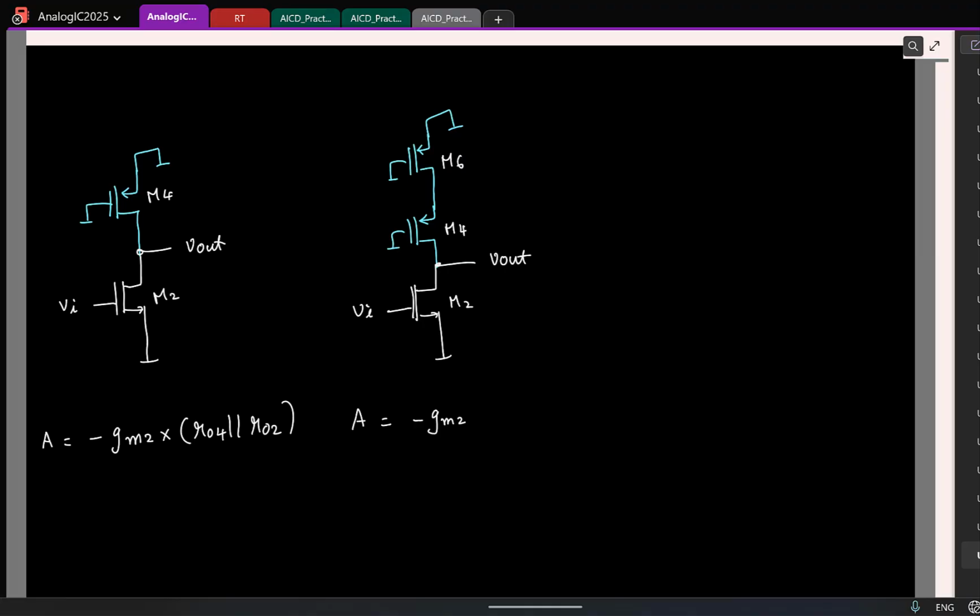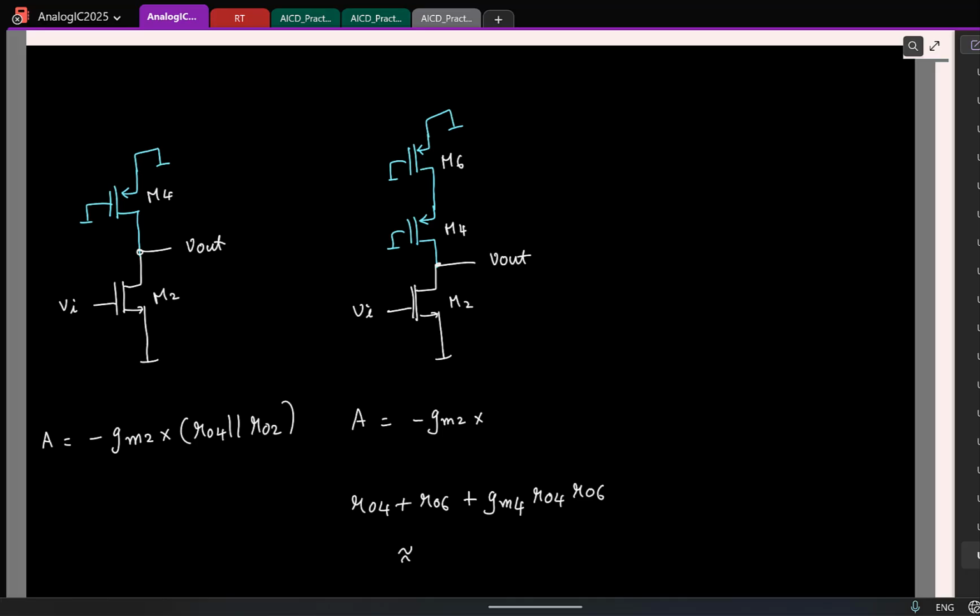What is the output resistance? What is the resistance looking up? This is a cascode. R04 plus R06 plus GM4 R04 times R06.